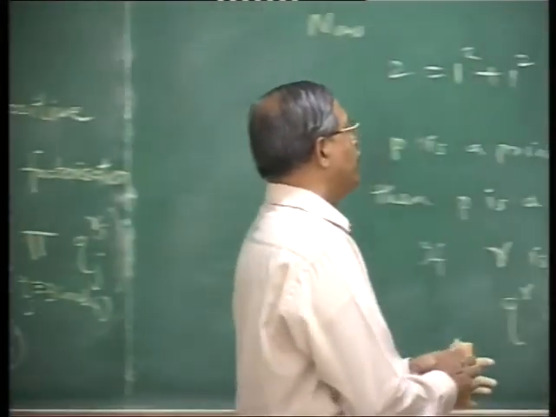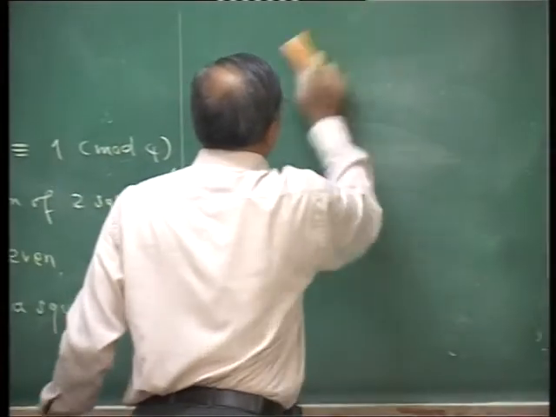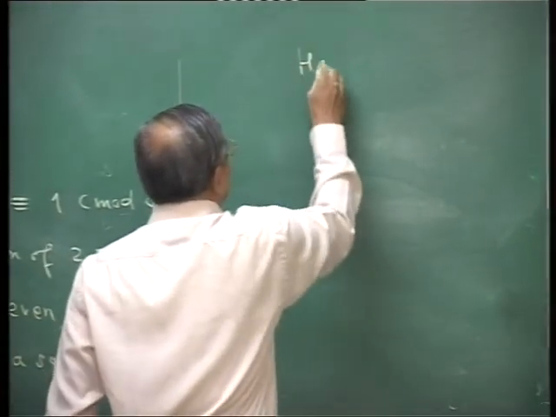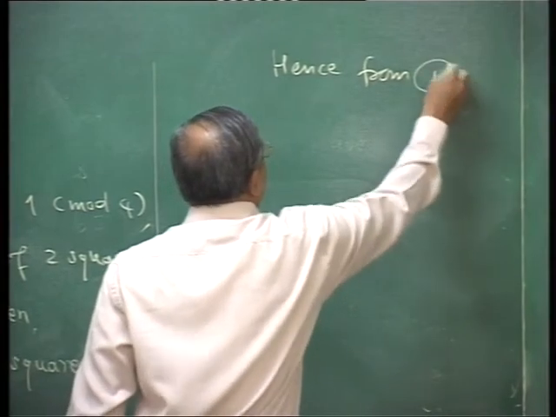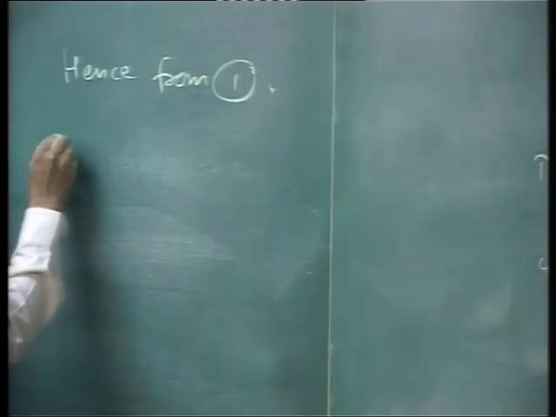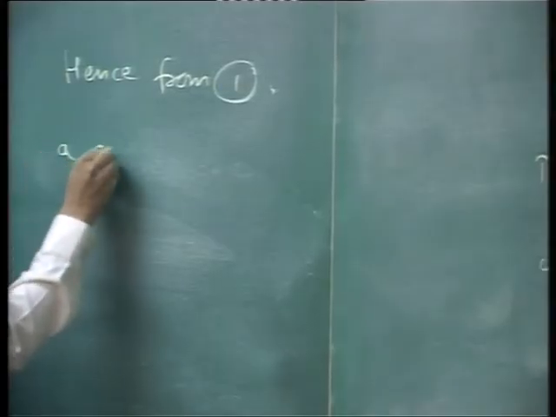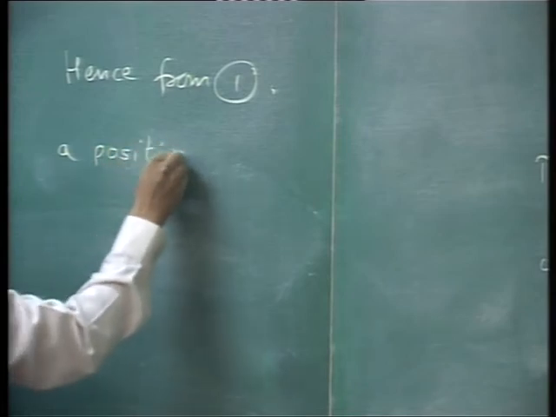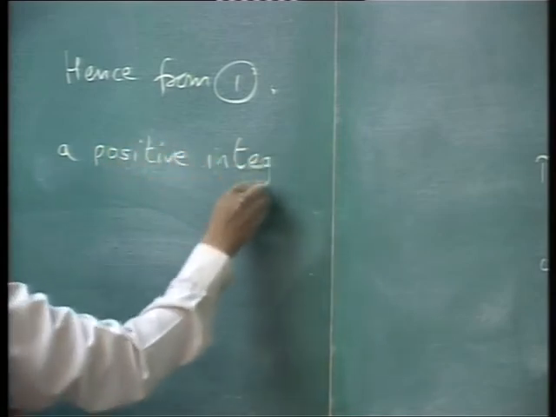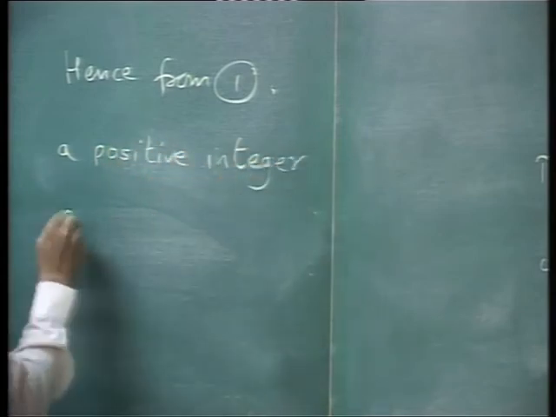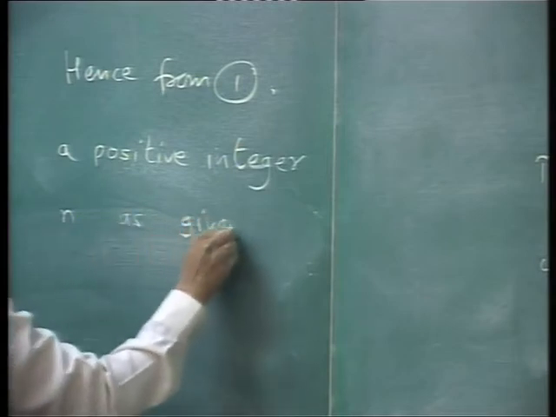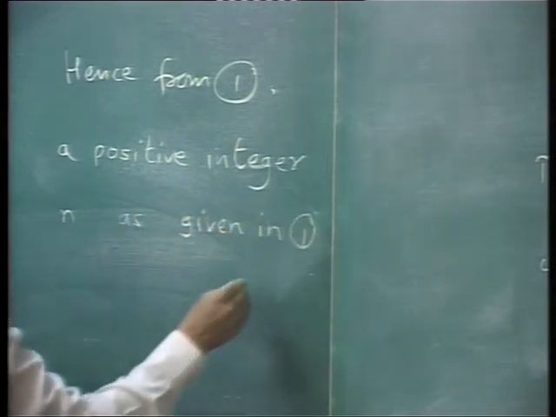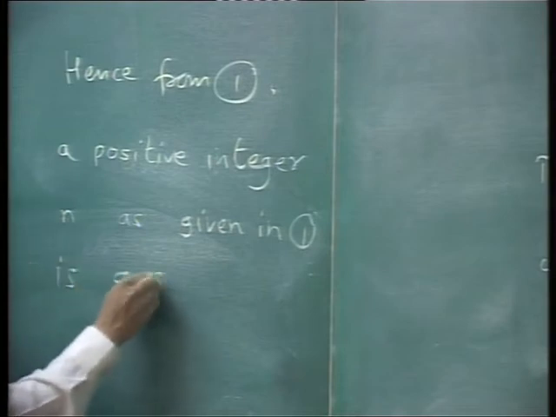So hence, from 1, a positive integer n as given in 1 is a sum of two squares.